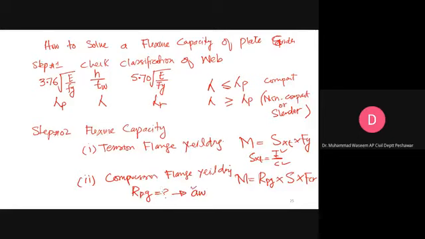Once you calculate this one, you can calculate this one. You need this, you need FCR. In order to see FCR, you have to check the flange, whether it is compact, non-compact, or slender. If it is compact, FCR will be equal to FY. Okay?